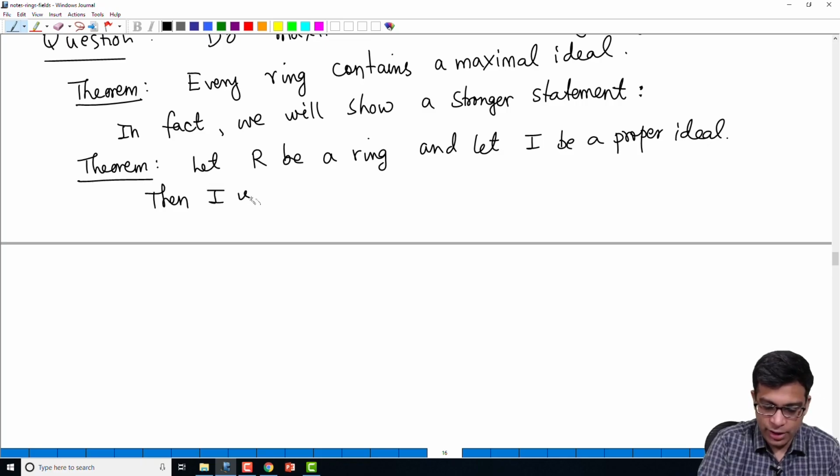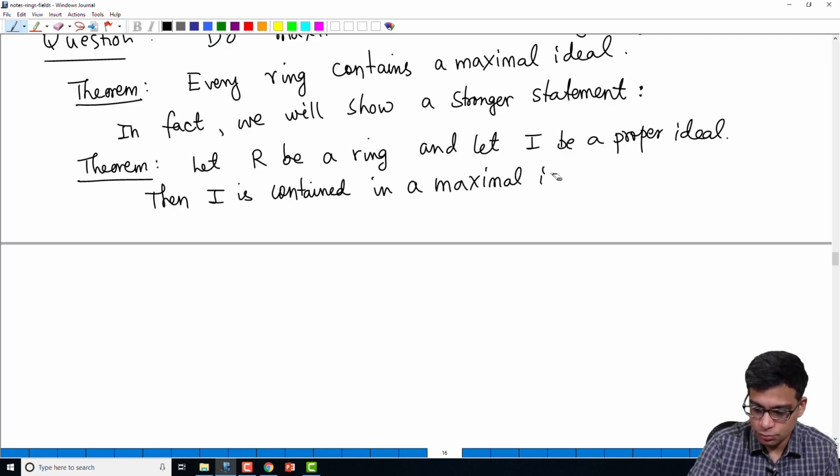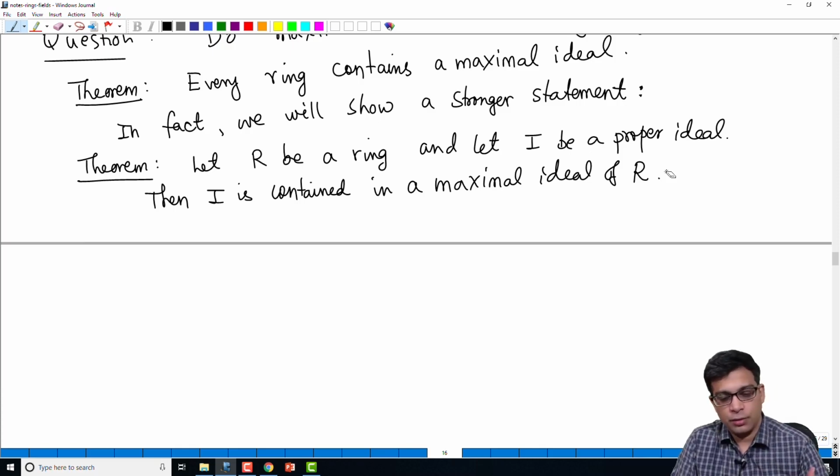Then I is contained in a maximal ideal of R. So I am saying that every proper ideal is contained in a maximal ideal. This will show that every ring contains a maximal ideal.